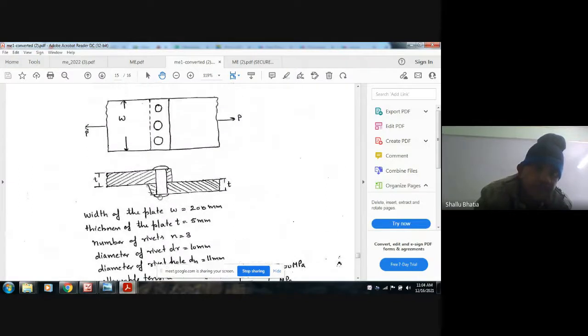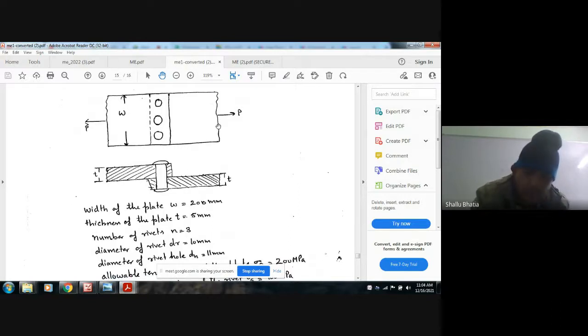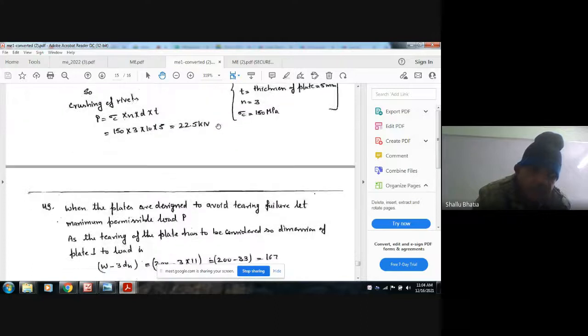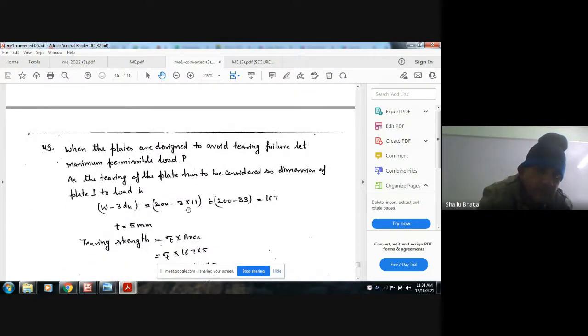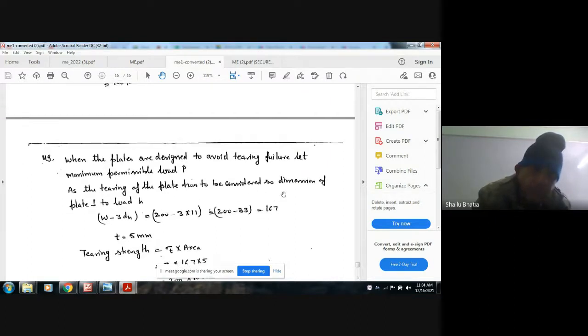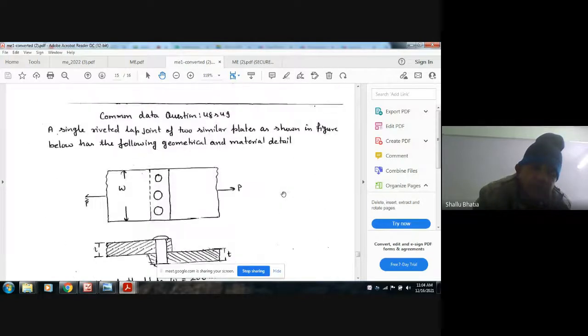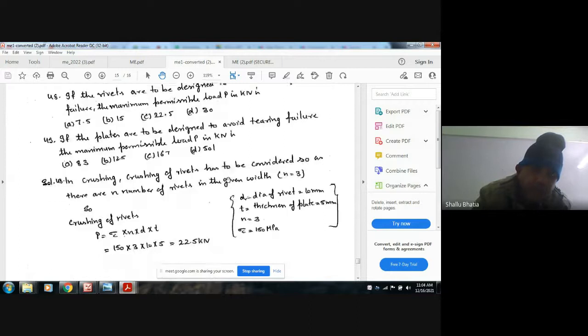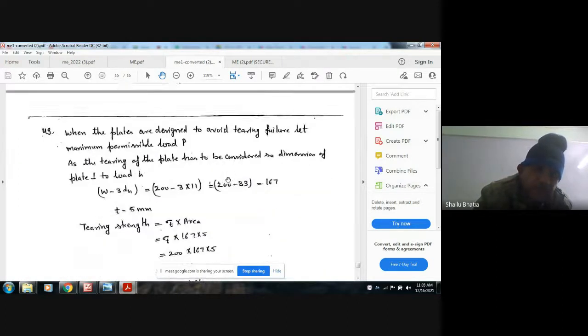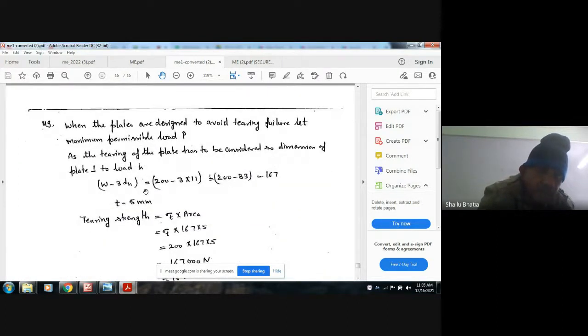So this dimension will be W minus 3 d_h. This is the dimension perpendicular to the load, and the other dimension perpendicular to the load is the thickness of the plate, t. So the area will be (W minus 3 d_h) times t. We take the diameter of the hole in this case.